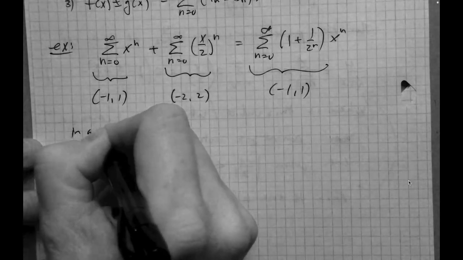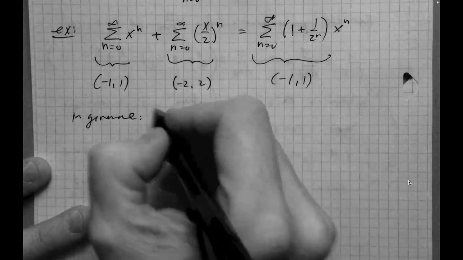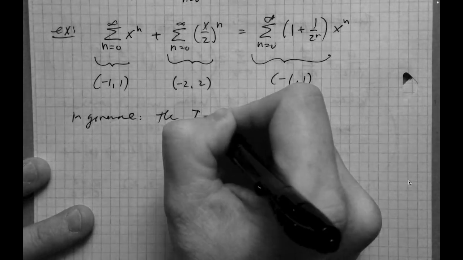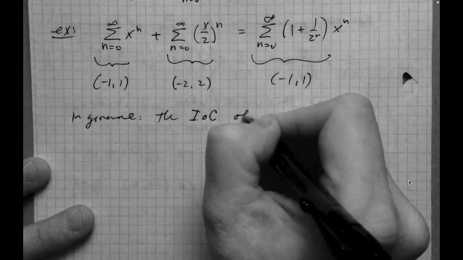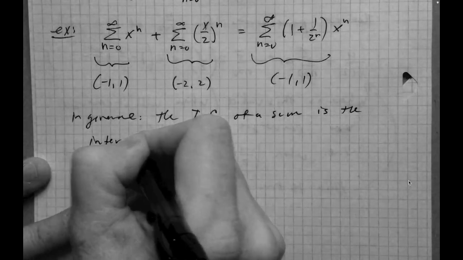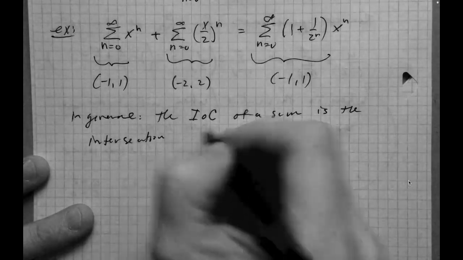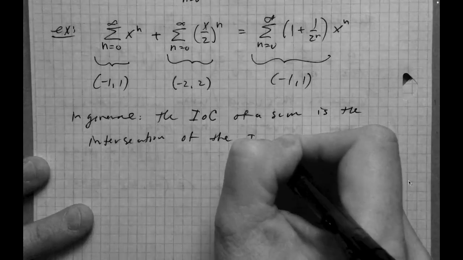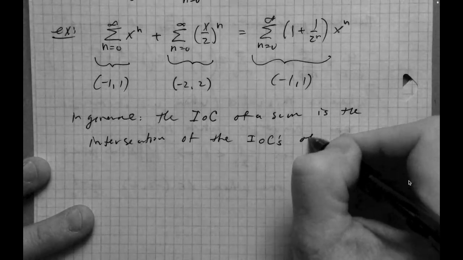So in general, the interval of convergence, I'm just going to write IOC, of a sum is the intersection of the IOCs of the original two.